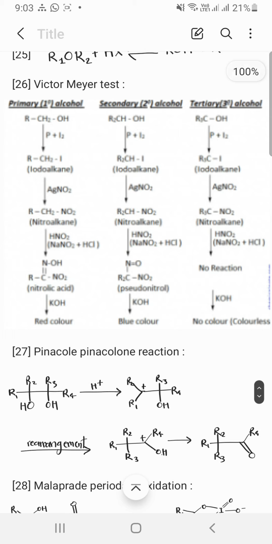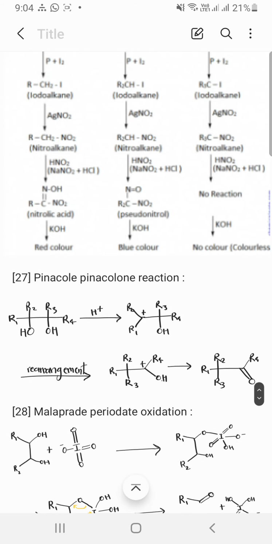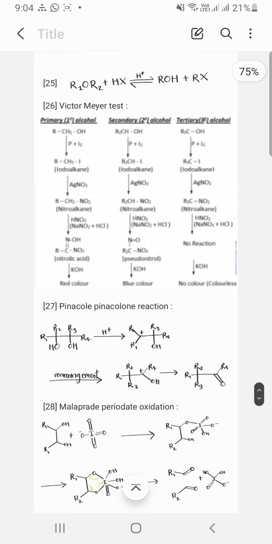Okay, so it's oxidation basically. Depending on the number of hydrogens, it does it differently. So you form nitrolic acid or pseudonitrole, or it's no reaction at all. And then with KOH, it gives different colors. Okay, fine. That's weird. So that's the Victor Meyer test. It's used to differentiate between 1, 2, and 3 degree alcohols.